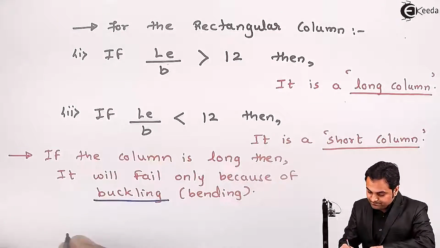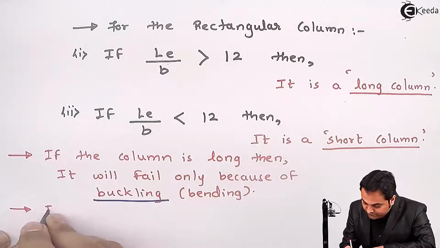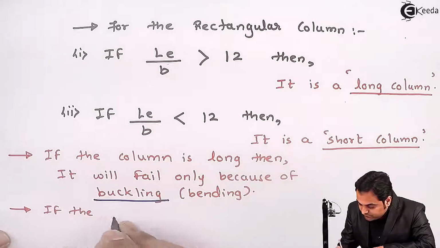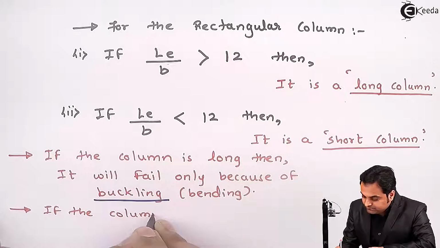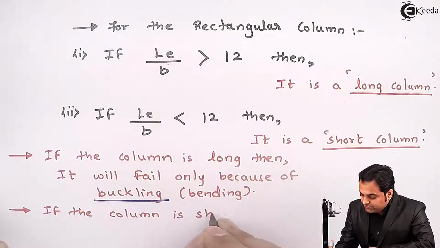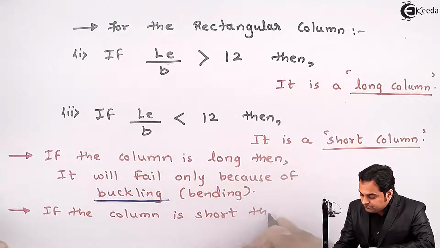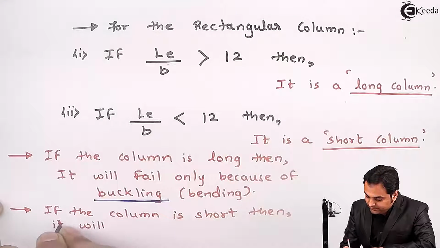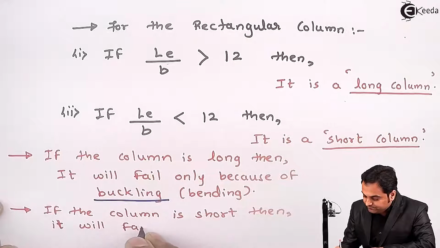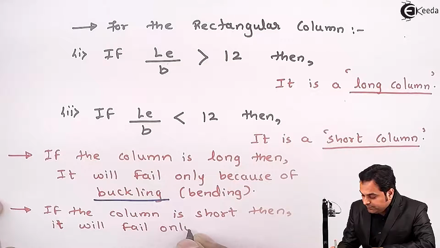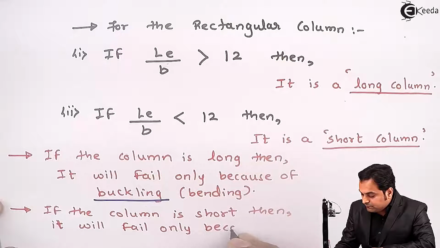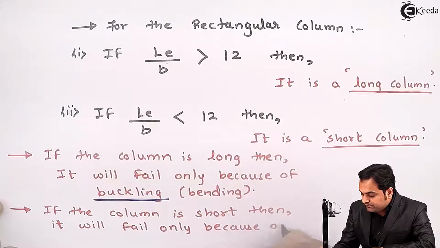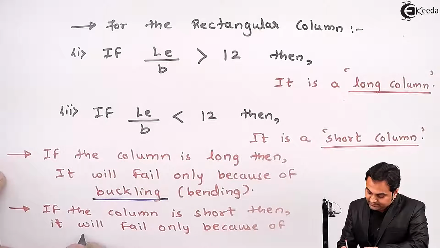Then if the column is short, then it will fail only because of direct compression.